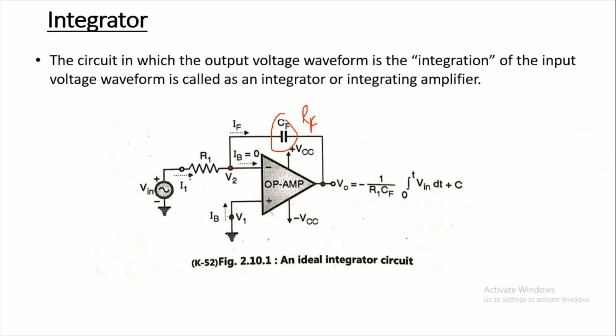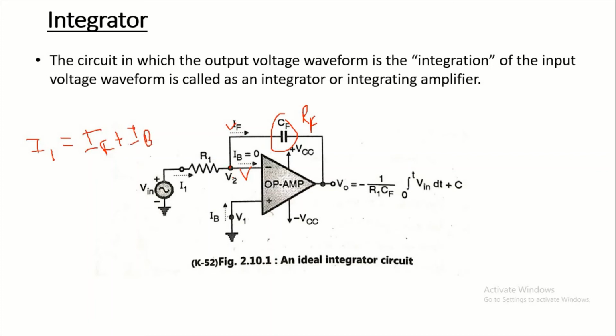Here I1, the current entering into this node, is equal to the summation of these two currents leaving this node, IF plus IB.